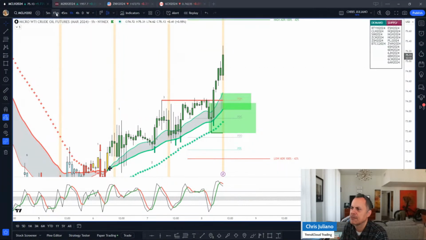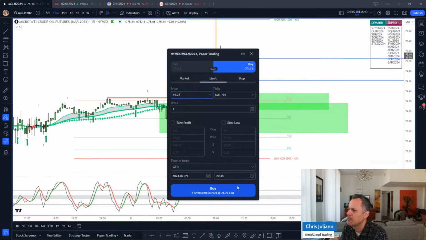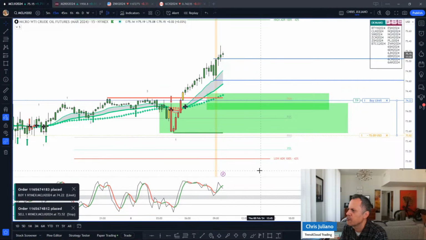Let's take a look at that on the 15-minute chart, what that looks like. So how about previous day's high, no, we would be safe with structure, right? We'd be safe with structure right there.